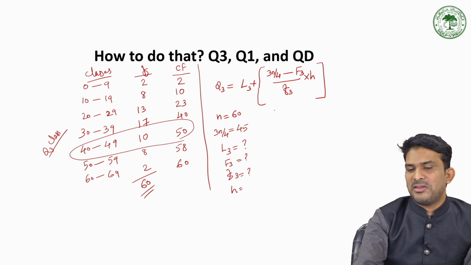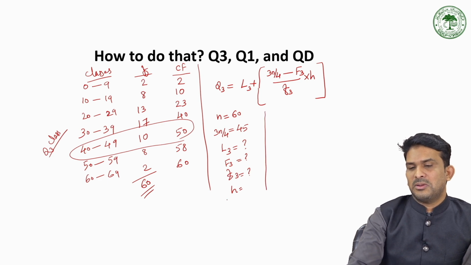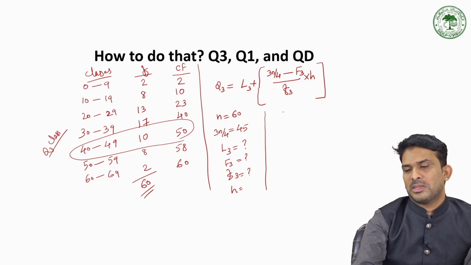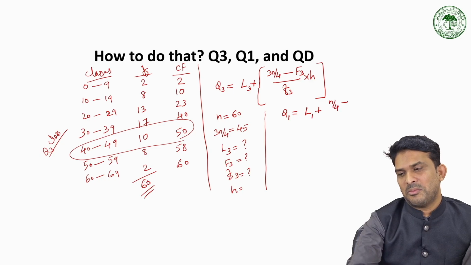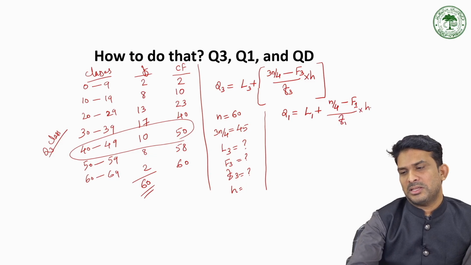The same way what you have to do for Q1, this was for the equation of Q3. What is the equation for Q1? Yes, L1 plus n by 4 minus capital F1 upon small f1 into h, right?